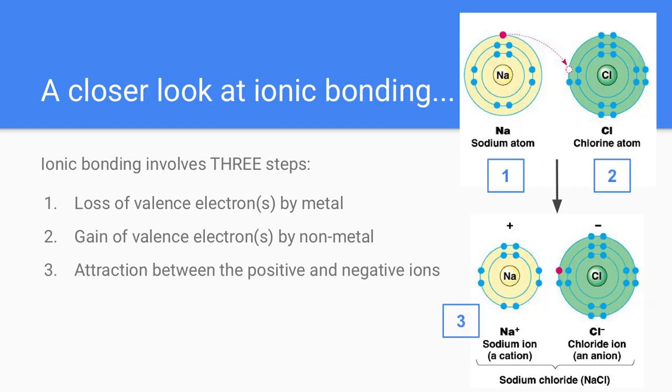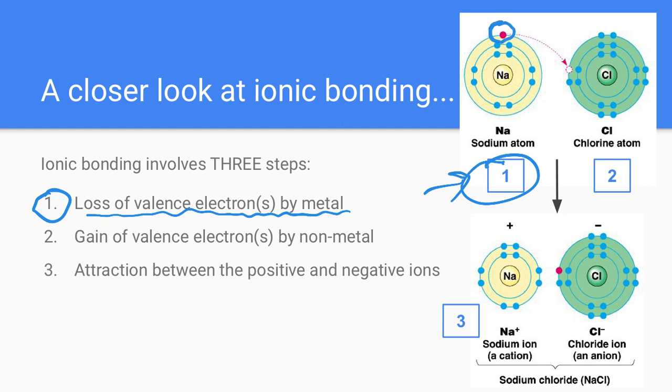So let's take a closer look at ionic bonding then, because it really involves three key steps. The first step is losing of valence electrons by the metal. And so that's shown in our picture over here in step 1, where we have a sodium atom, and it's going to lose its one valence electron to become an ion.